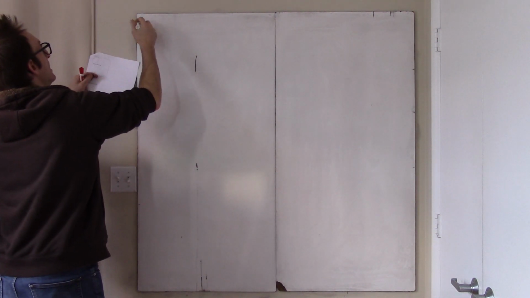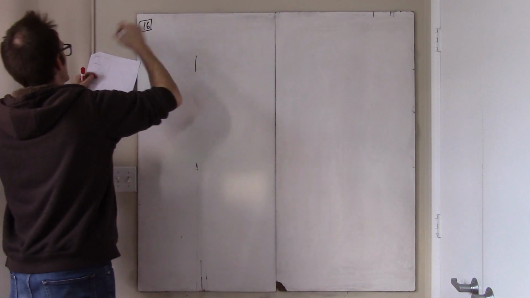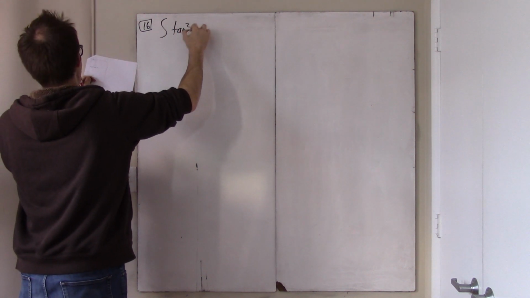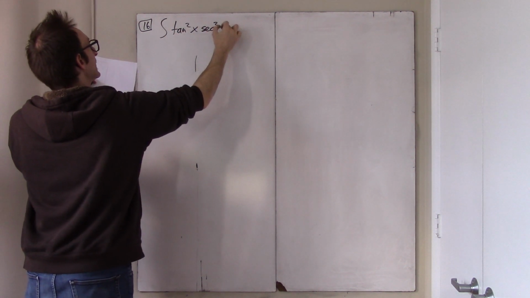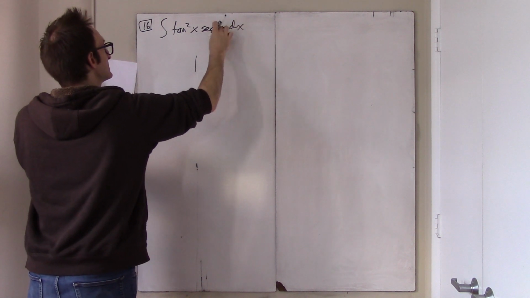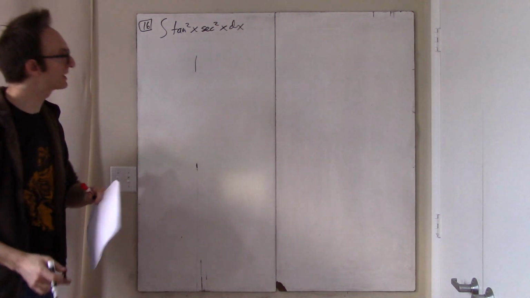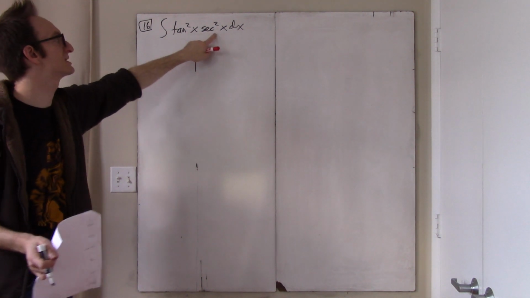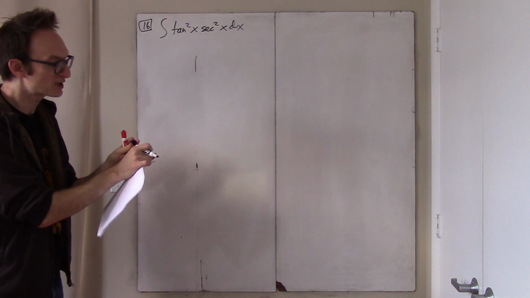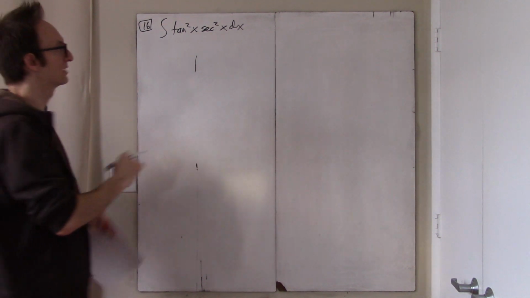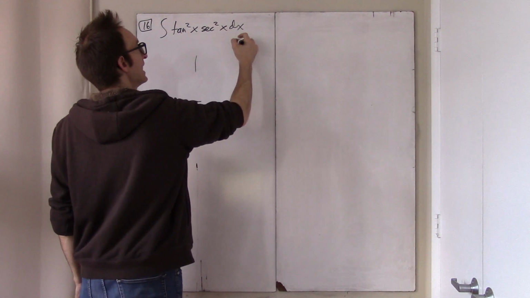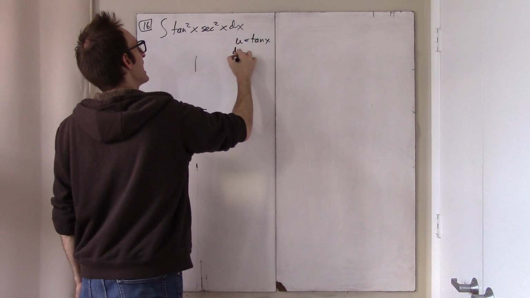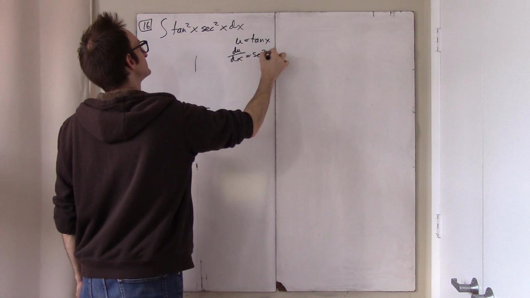16. This is tan squared x secant squared x dx. This might strike you as a little tricky, but okay. You know the derivative of tan is secant squared. And so it very much looks like some chain rule happened here. Because if I let u be tan x, then du dx is secant squared x.